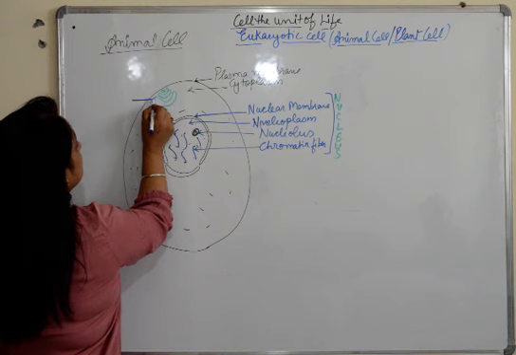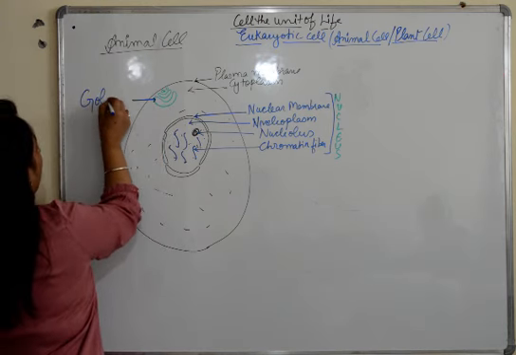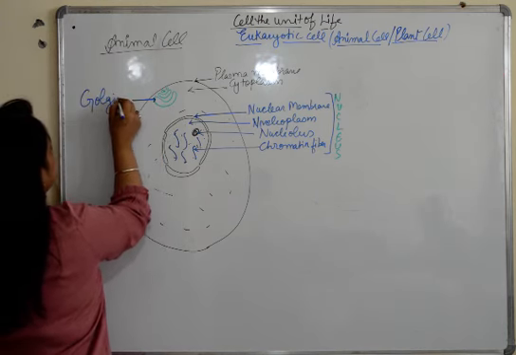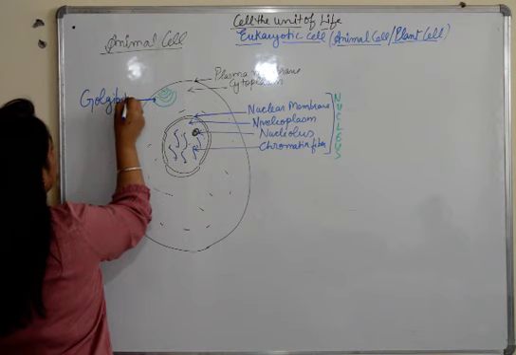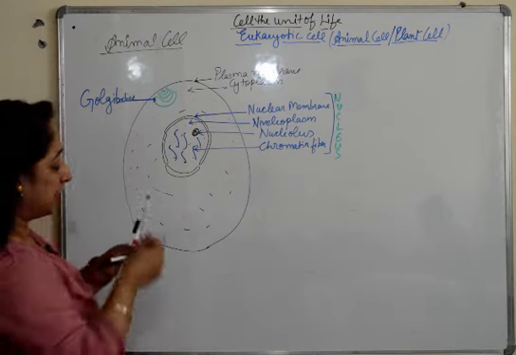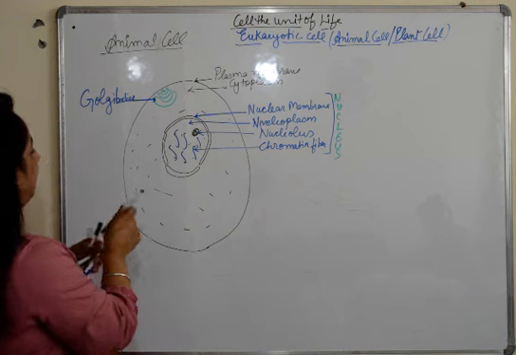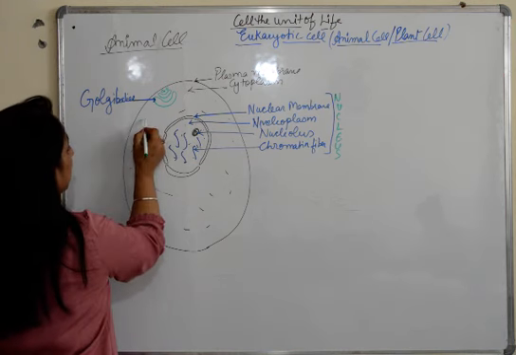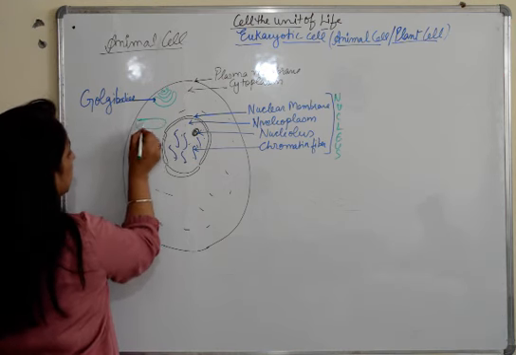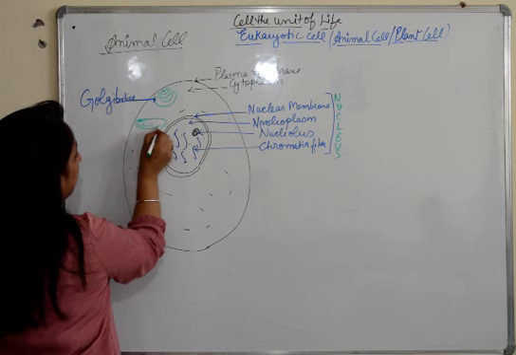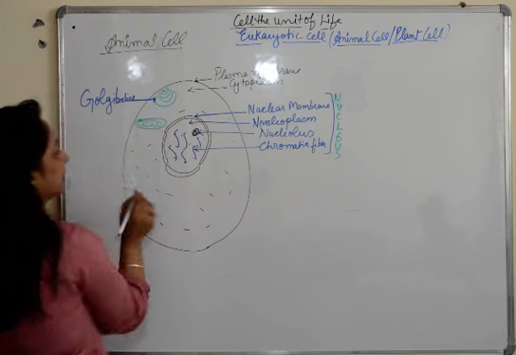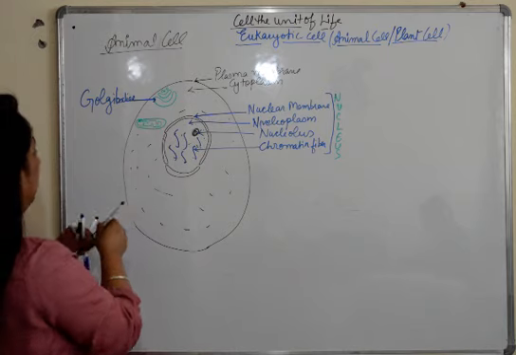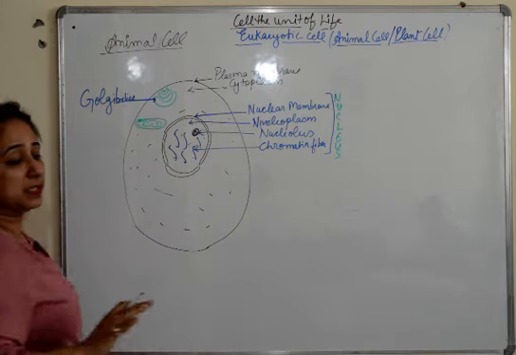So this is the first organelle, that is the Golgi bodies or the Golgi apparatus as written in some books. Next we have another very important structure present in the cell, that is the mitochondria, which is the powerhouse of the cell as well. I'll label it afterwards, let me just draw first.